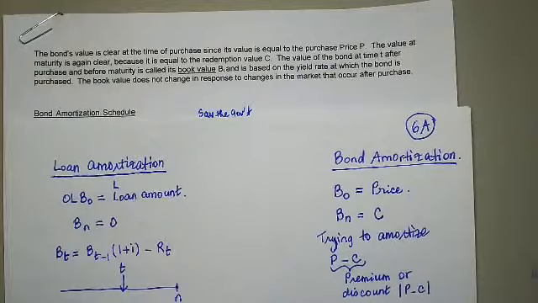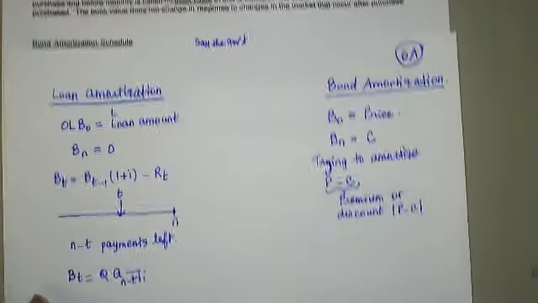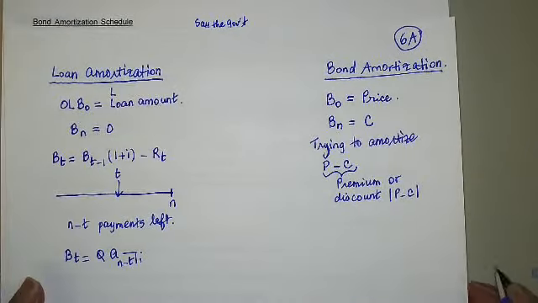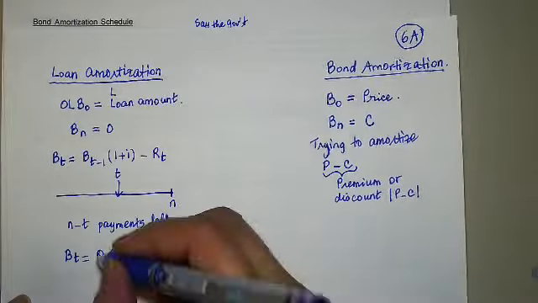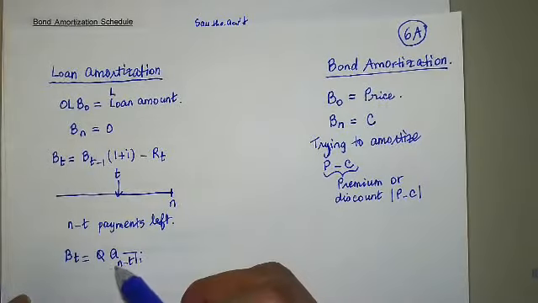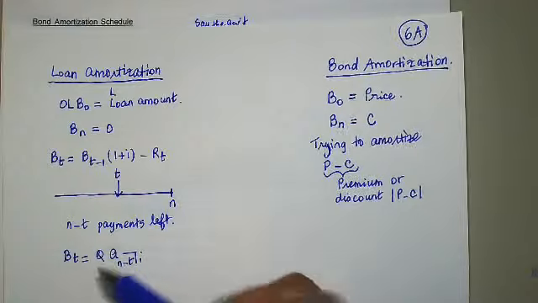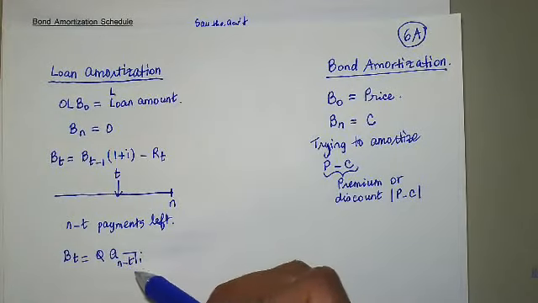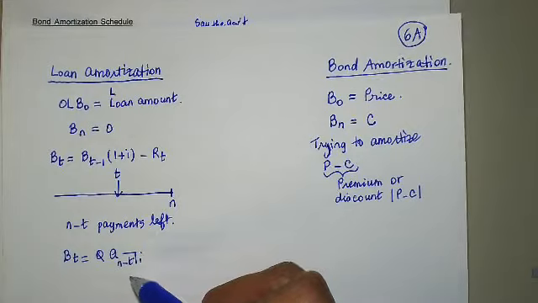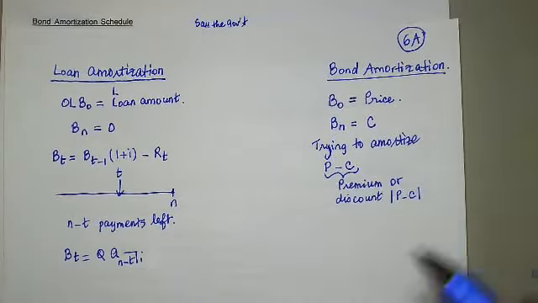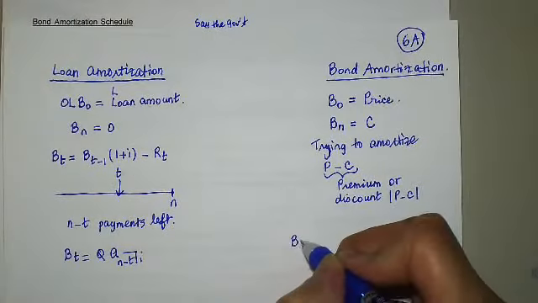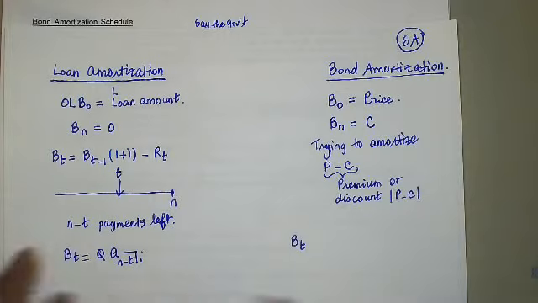This will be a good review for your loans. N minus T payments left, and therefore B of T is equal to Q a angle N minus T at rate I. Do you remember this formula? Yes or no? Q is the level payment. This is the present value of an annuity which pays Q N minus T times at interest rate I.